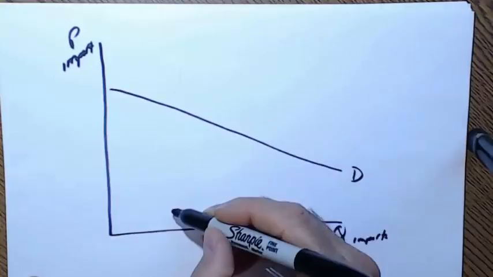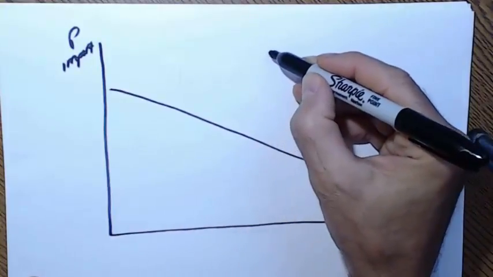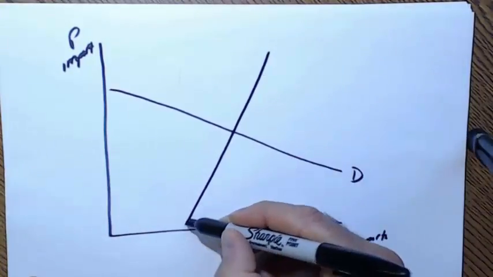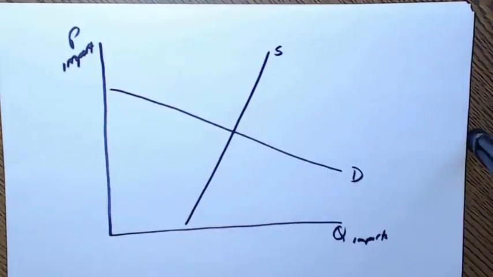The supply curve is a bit steeper. So I'm going to try to draw the supply curve here, a bit steeper. It doesn't really tell us the time frame, and the time frame is certainly important when you're looking at supply elasticity. But basically, it's not as elastic as the demand.